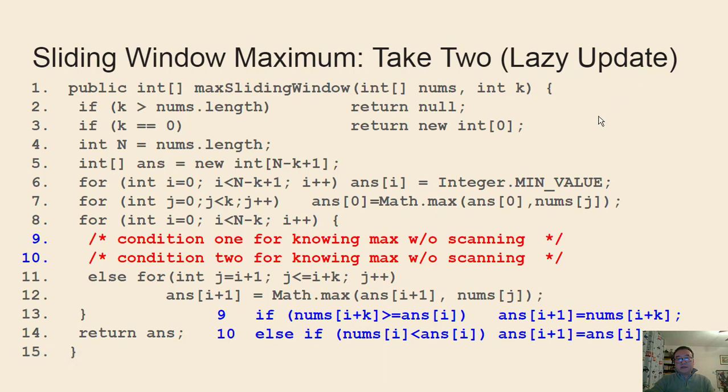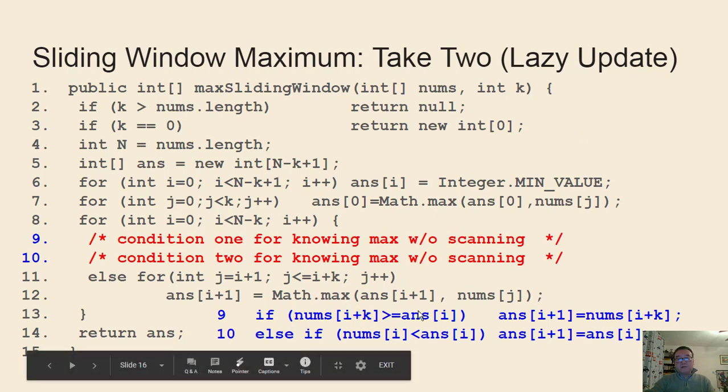I call this lazy update. I first check whether the new number is bigger than the previous max. If that's the case, then the new max will simply be the new number. Otherwise, if the number that I'm getting rid of from the window, which is this num_i, is less than the max, then the max doesn't change.